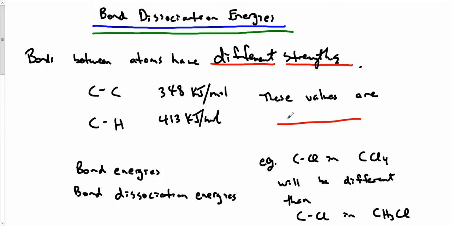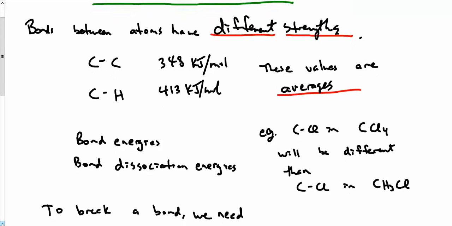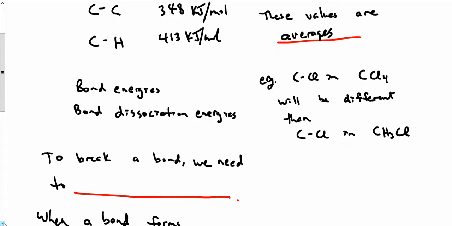These values are just averages. They've taken values from different molecules, and I'll give you an example. The C in CCl4, which is C with four Cl's, this bond strength will be different than in CH3Cl.